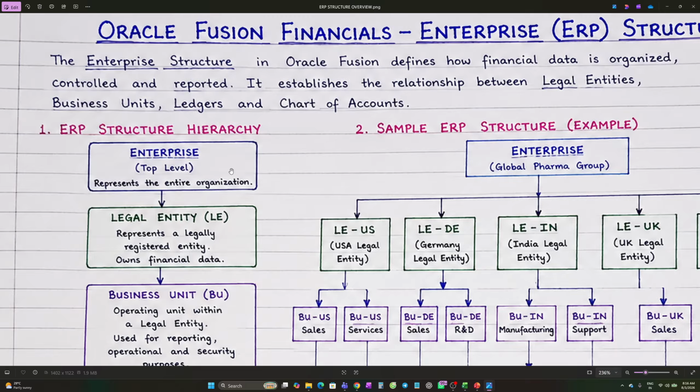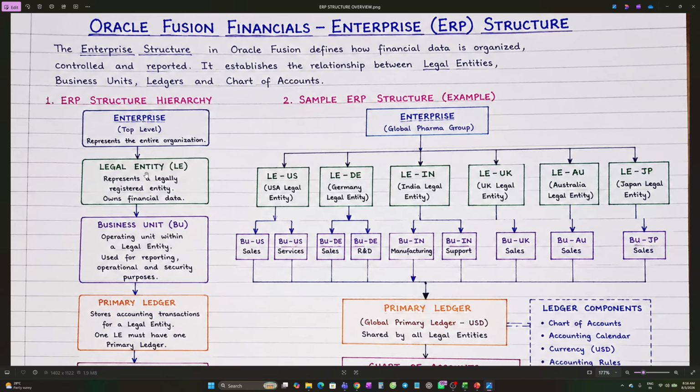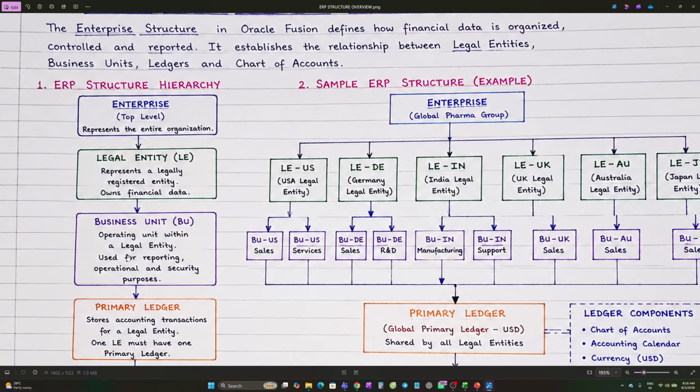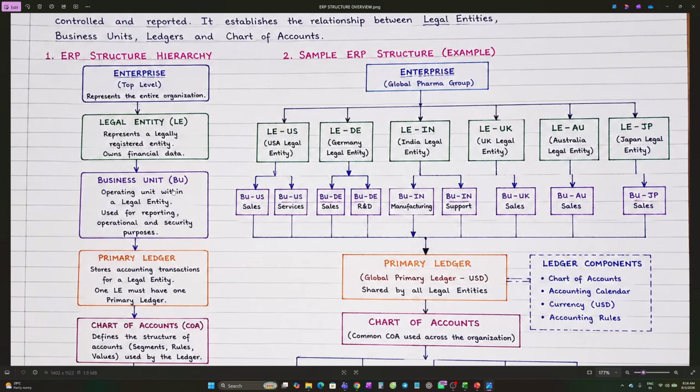Along with that controlling and reporting, enterprise structure creates the relationship between the legal entities, business units, and primary ledger. Okay, first to understand what is enterprise structure.